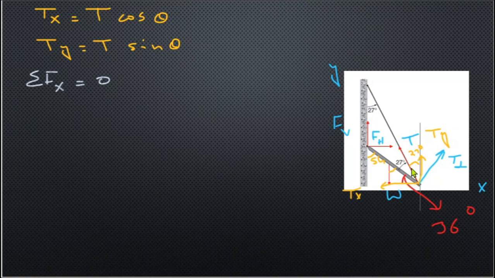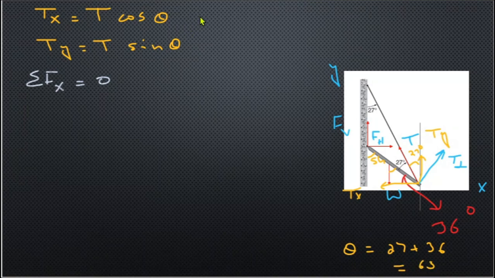This tension force is making the angle theta with this horizontal over here. So theta would be equal to this 36-degree angle plus this 27-degree angle over there, which is 27 plus 36, and the answer would be 63 degrees.